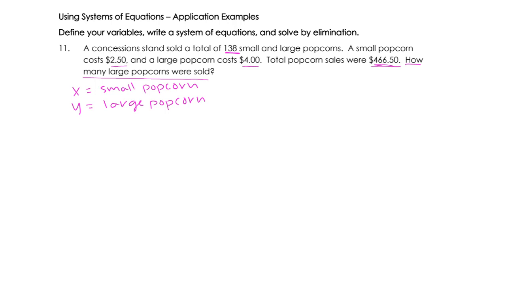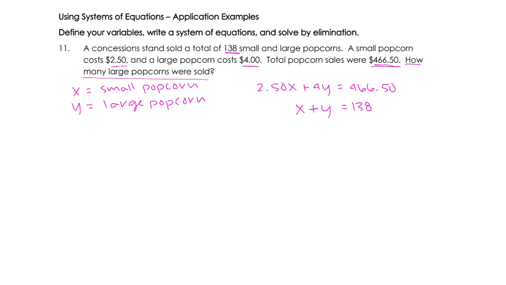So if you remember from the word problems that we've done in this chapter before, I'm going to go ahead and put all of my money in one equation because I only have those three numbers and then just one additional number after that. So I have 2.50x plus 4y equals 466.50. And then my second equation, I know that there was a total of 138 bags of popcorn sold. We just don't know how many of each. So it would just be x plus y.